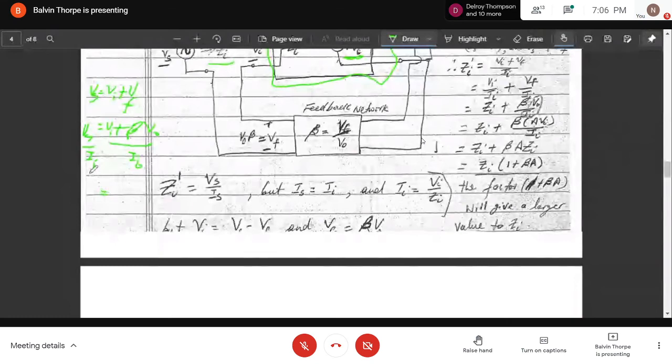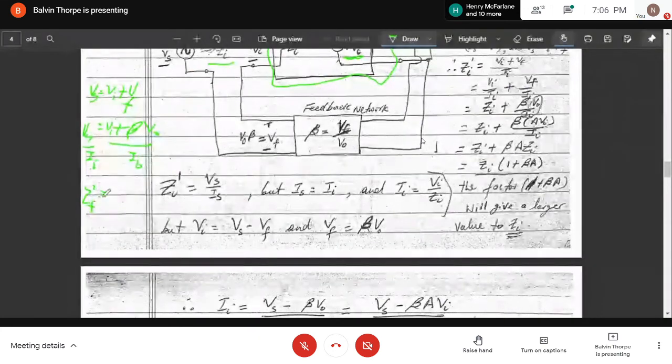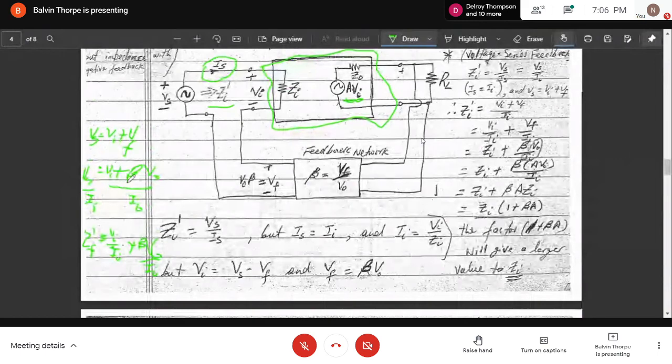And if that's the case, it means that this, which is ZI prime, equals VI over II plus beta VO over II.